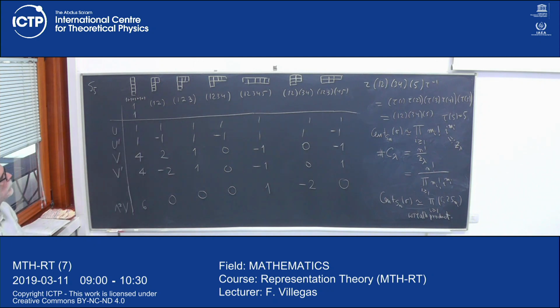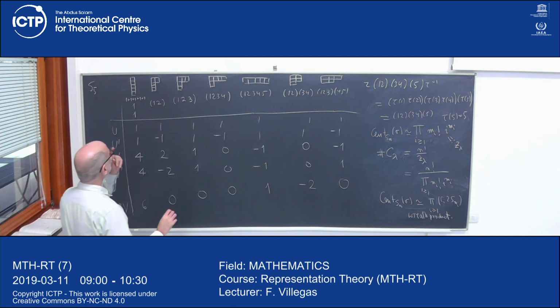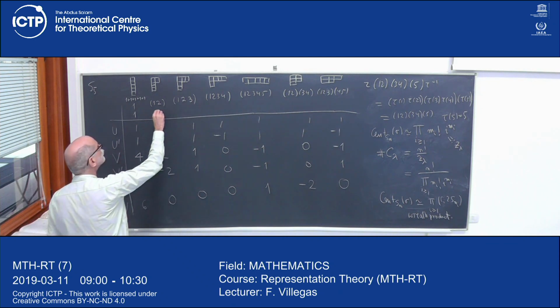So how many 2 cycles do we have? We don't need the big formula for that, but we can check that we got it right. A 2 cycle is just to give 2 elements, 2 out of 5. So it's 5 choose 2, so that's 10.